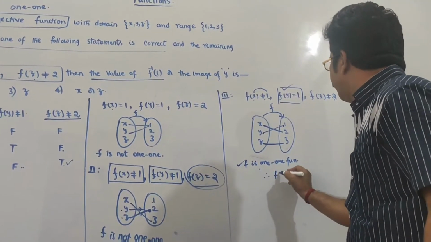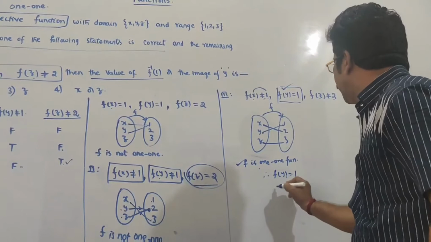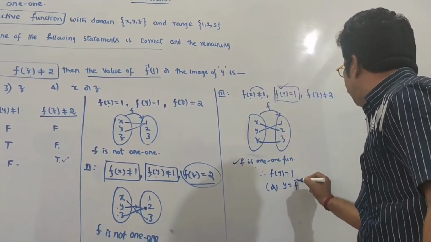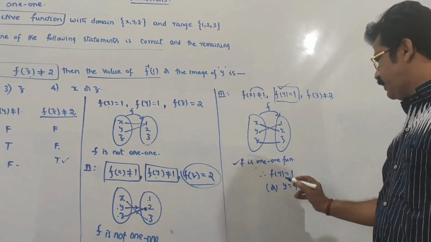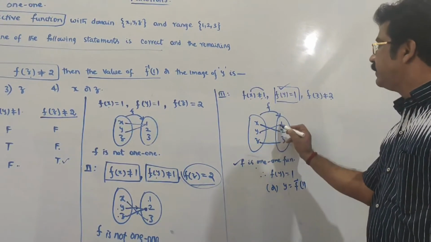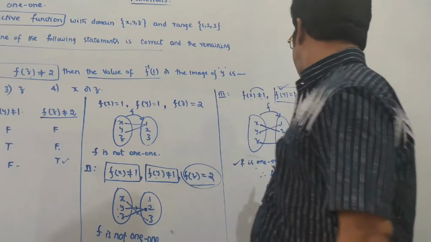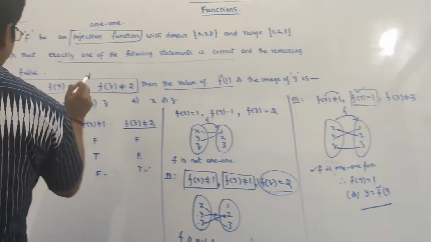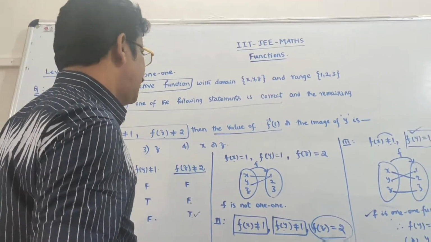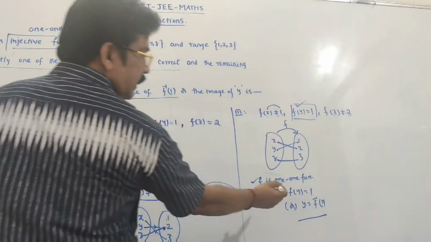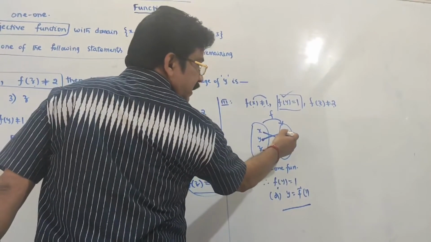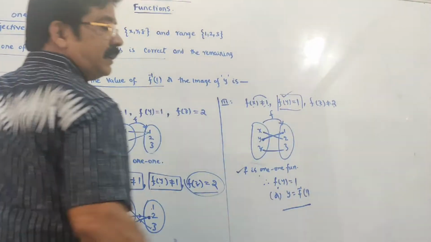So f of y is equal to 1, or y is equal to f inverse of 1. So the image of y is 1, and f inverse of 1 equal to y. You understand this meaning? f of y means y is mapped with 1. This is the answer.